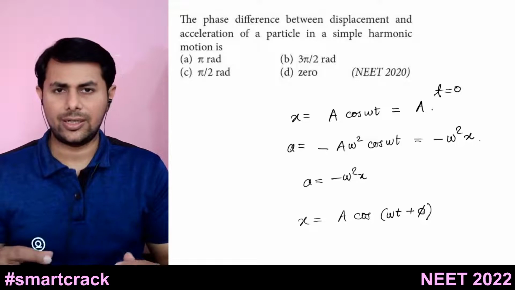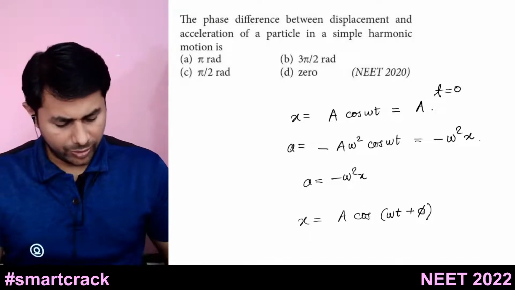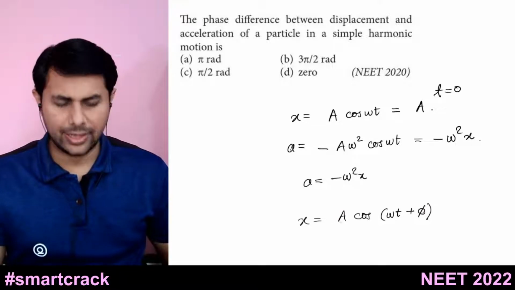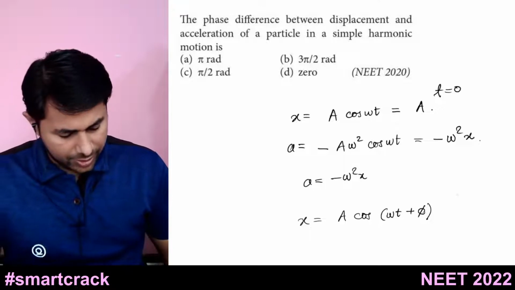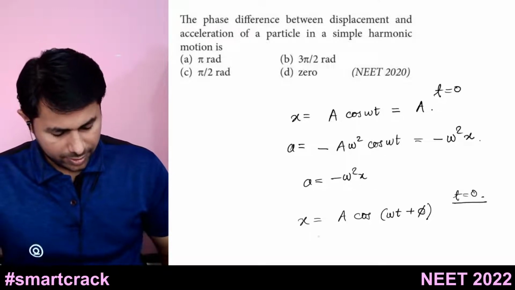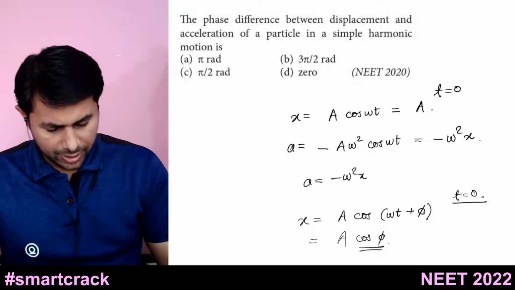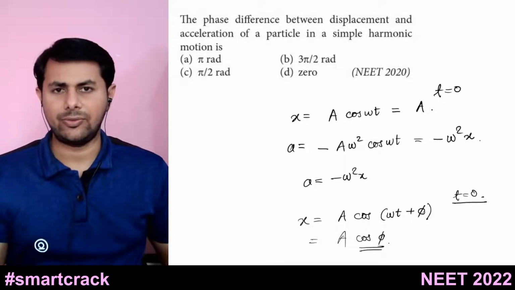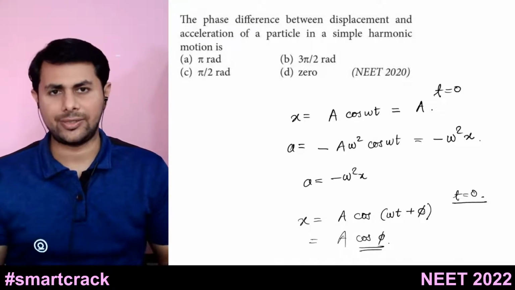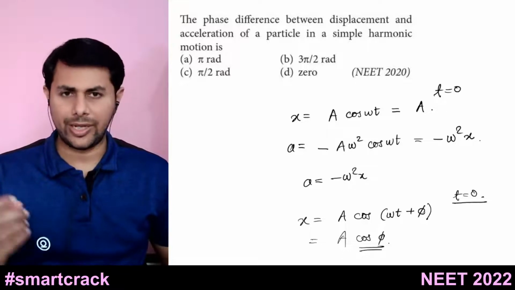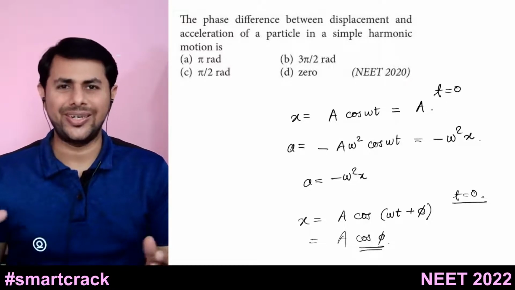So if you consider that x is equal to a cos of omega t plus some phi, for what value of phi will you get a negative sign over here? This is the question. So put t equals 0. So you get a into cos of phi. Okay, so if phi is equal to 180, you will get what? Cos of 180, or cos of pi, is minus 1, and that means the phase pi gives what? Negative sign.